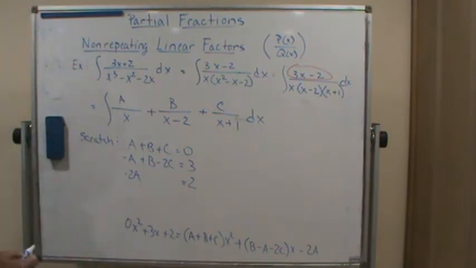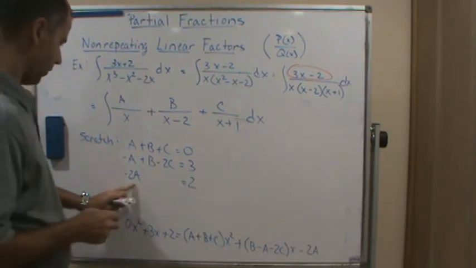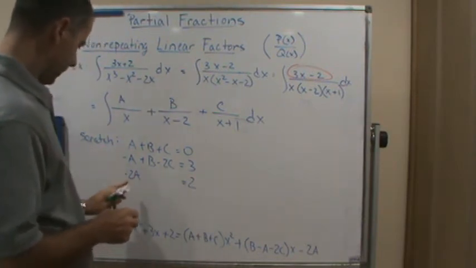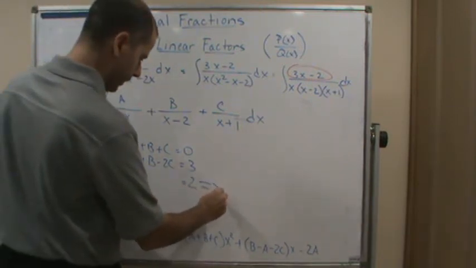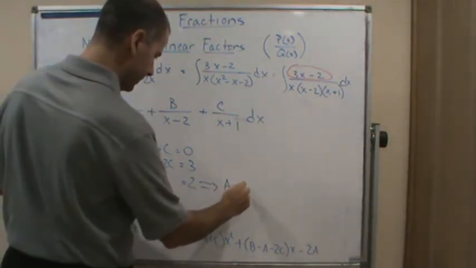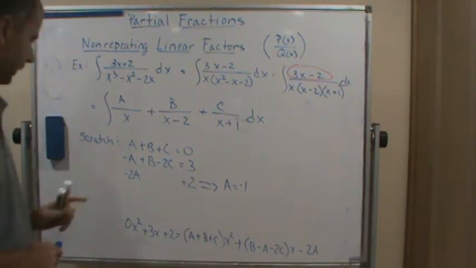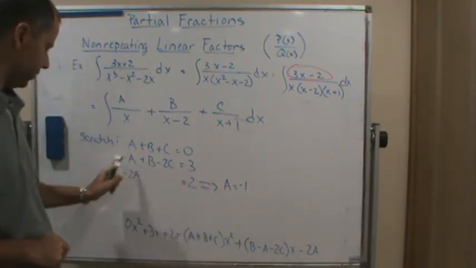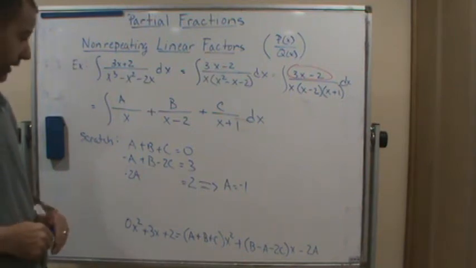Okay, now I'm going to solve for a, b, and c, and I'm done. So here, since negative 2a has to equal 2, well, that gives me what? That tells me that a is equal to negative 1. So I've got one of them. And now I can plug in negative 1 into these two, and I can get a system of two equations with two unknowns that I can solve.